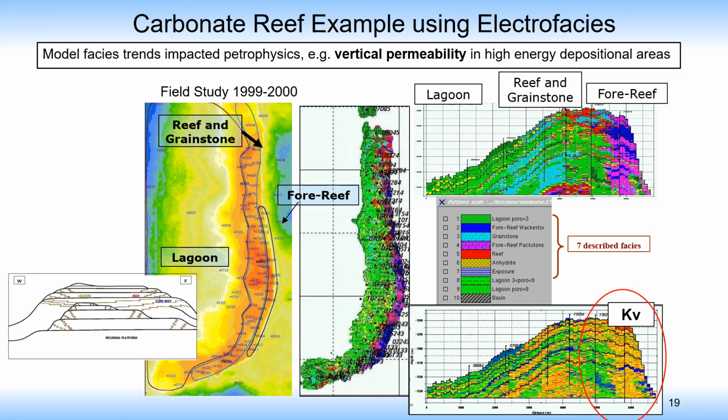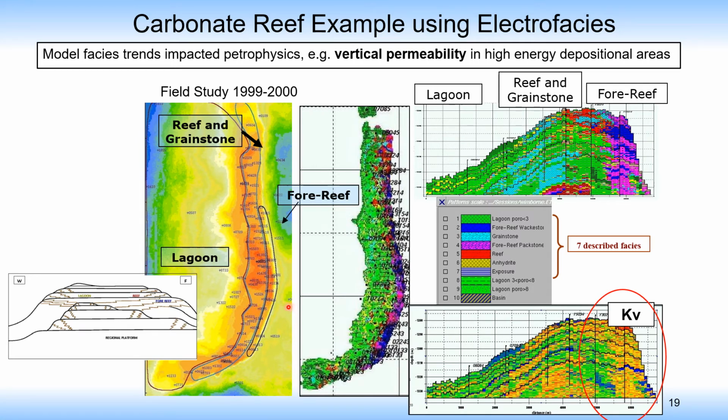In this study, actually done 20 years ago, we only had about 10% core coverage. So we also had distinct facies in the forereef and in the lagoon, different energy depositional environments, and it's important to have different petrophysics associated with different porosities.